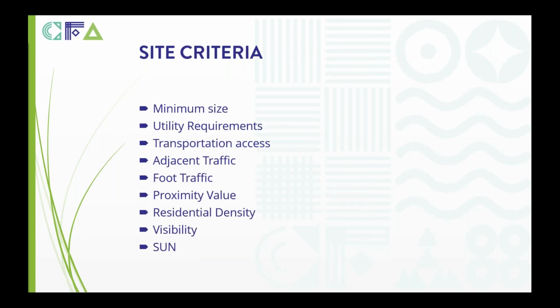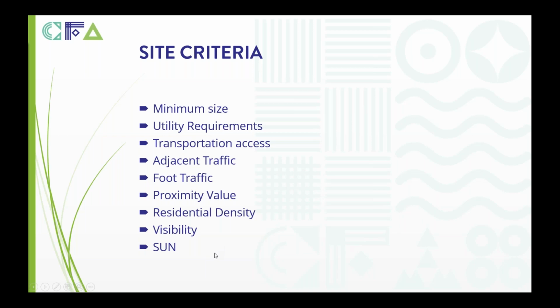So we're going to talk about a couple of main criteria, and these are the things that you really want to know when you're considering a new location. First of all, you really need to know what your minimum size of the market needs to be. This is the minimum size for the market to succeed, or to make sure that your customers, your farmers, or everyone is happy.